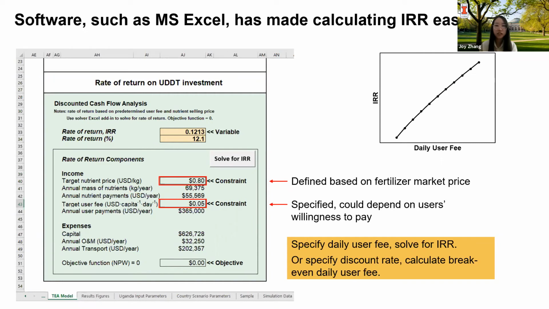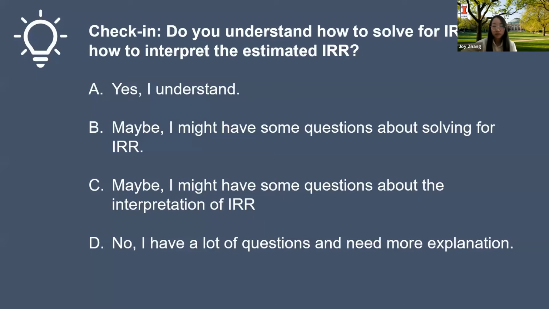The relation between these 2 values and the IRR it solves is generally positively correlated, because these 2 are both generating positive streams of cash flow. If we set a higher target daily user fee, we will generally get a higher IRR. Next, please.